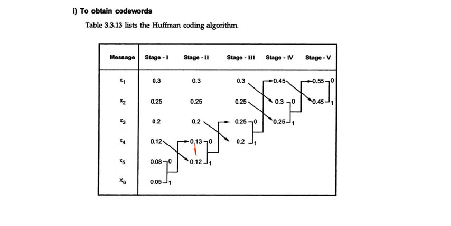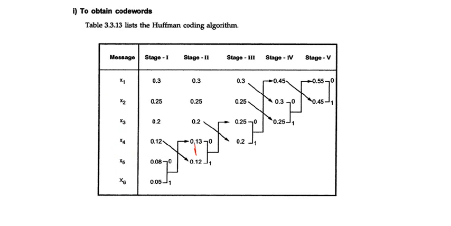Now the combined probability 0.25 is greater than 0.2. In each stage in Huffman coding all symbols should be in decreasing probability order. So if the combined probability is more than the previous symbol probability, then we should keep this combined probability above the previous symbol.